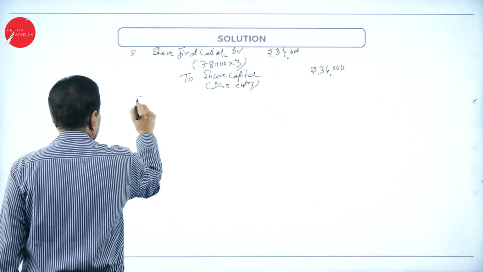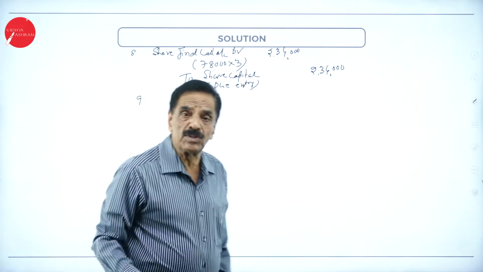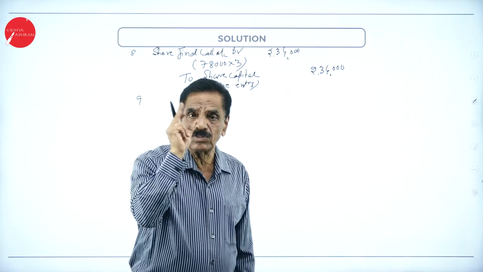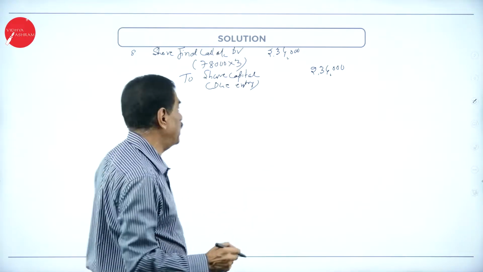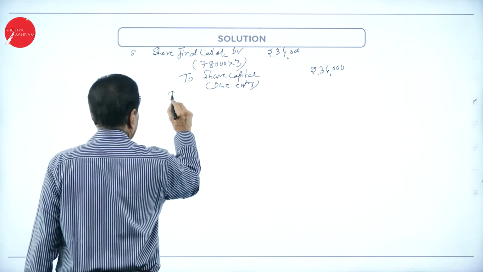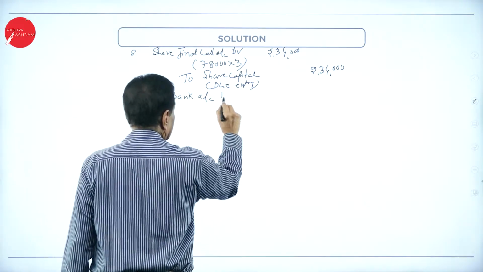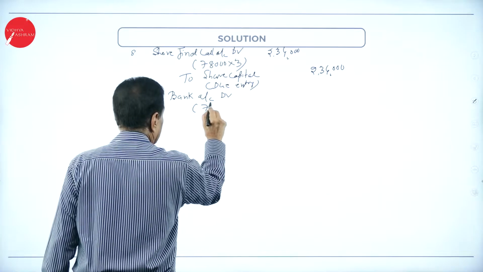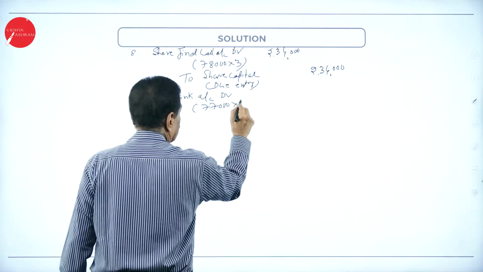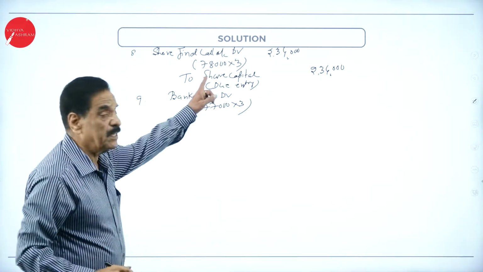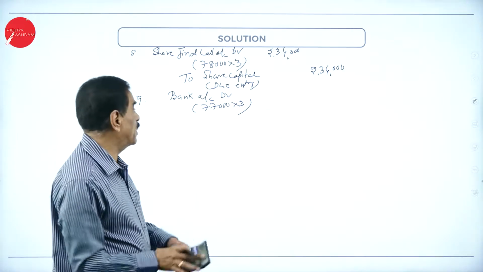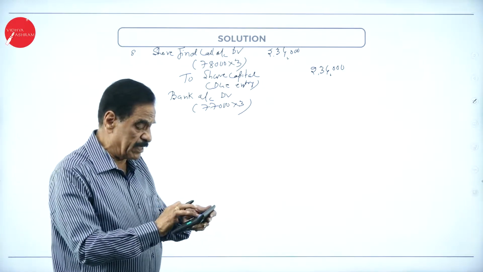Now, he received. How many shares could you not receive? 1,000 shares' money. How many shares' money are you going to receive? 77,000. Bank account debtor. 77,000 into 3. This is out of 78,000. 1,000 money you could not receive, means you got only 77,000.